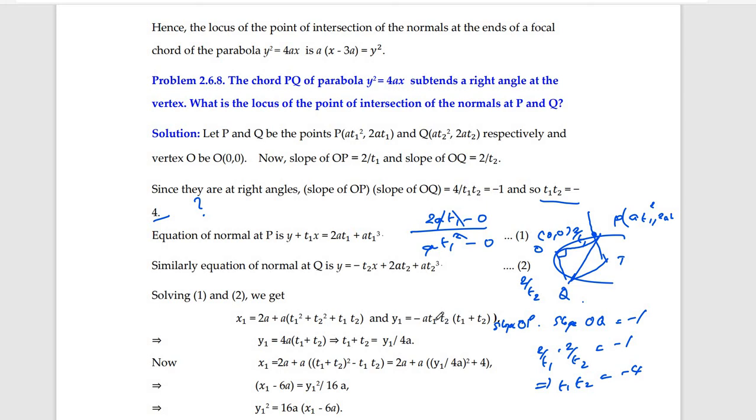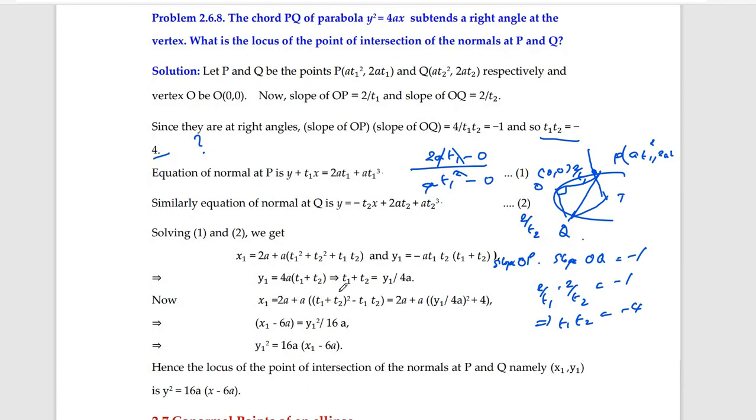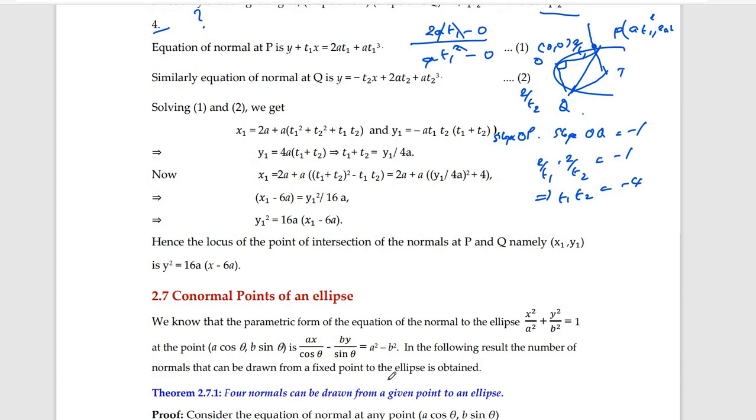So with t1 t2 being minus 4, y1 becomes 4a into (t1 plus t2), and therefore t1 plus t2 is y1 by 4a. We just complete the square and use this value. After simplification, dropping the suffix, we get the locus.